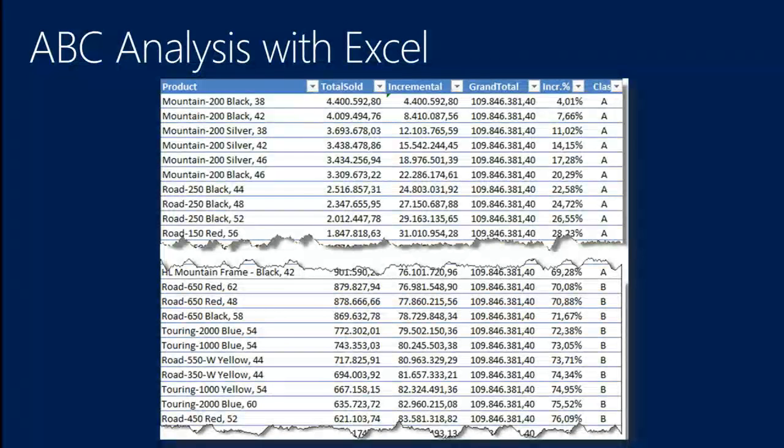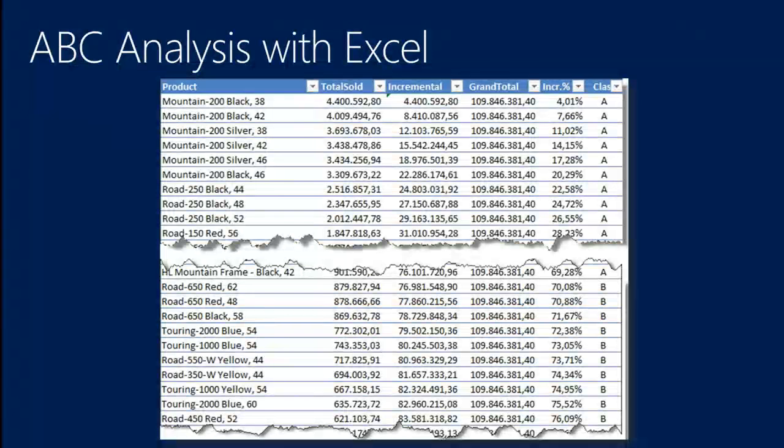The grand total is the grand total of all total sold, and it is there only to simplify the formula. Then incremental percentage is the percentage of sales that this product and all the products before it generated.